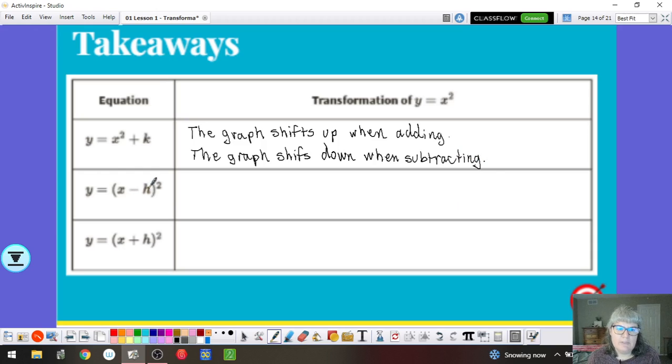When we decide to subtract from x before we square it, this was when we saw the graph shift to the right. When we added to the x before squaring, the graph went to the left.